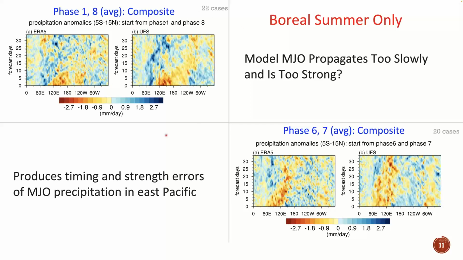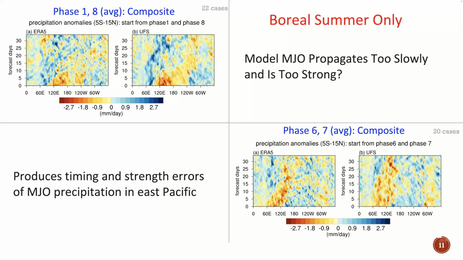The UFS forecast here is on the right, and you can see, very similar to the point I made before, that when you initialize the MJO with a dipolar-like structure, with suppressed precipitation to the east and enhanced precipitation to the west, UFS tends to have a precipitation anomaly with the MJO that moves very slowly off towards the east and tends to maintain its strength.